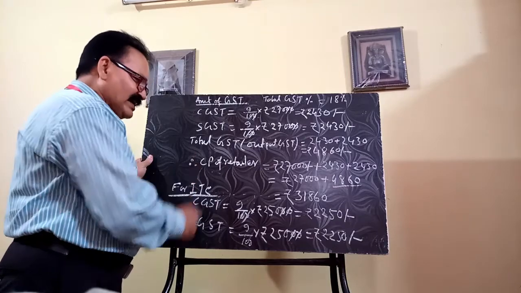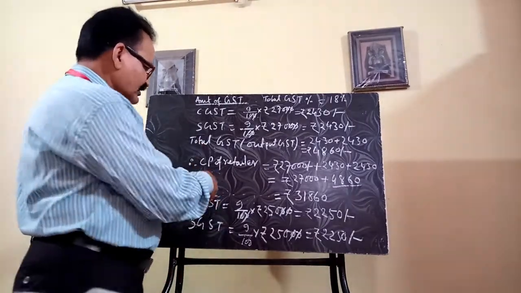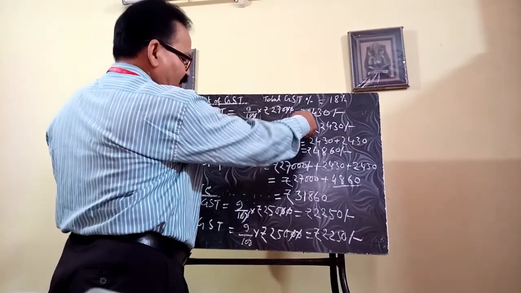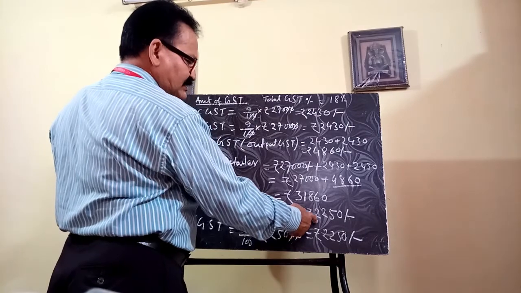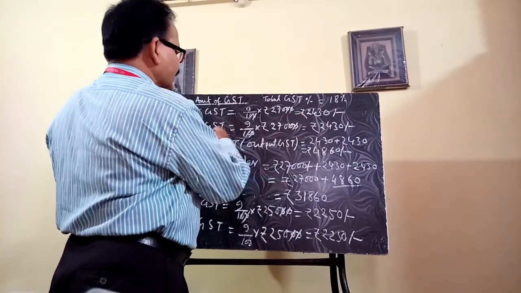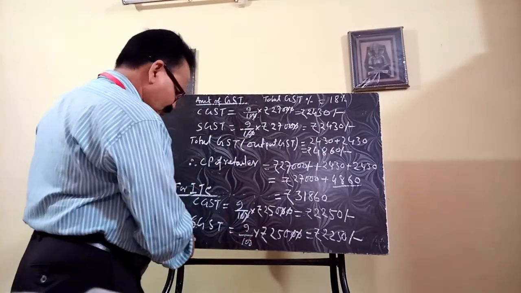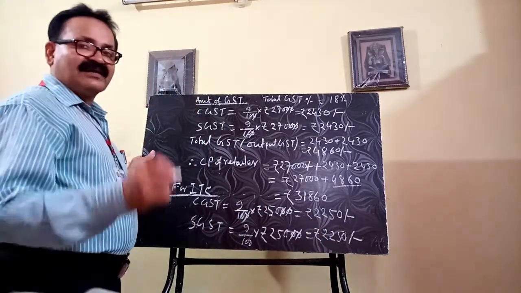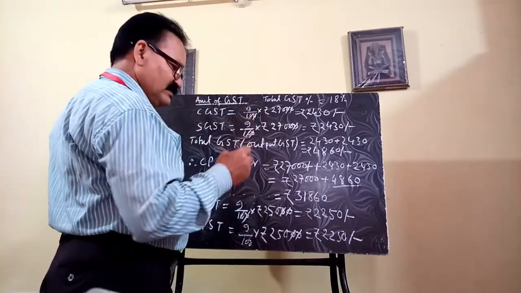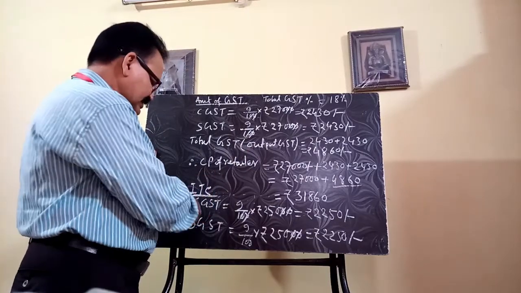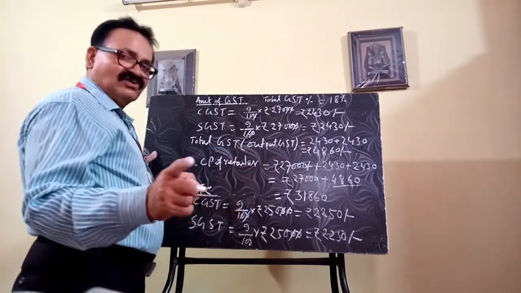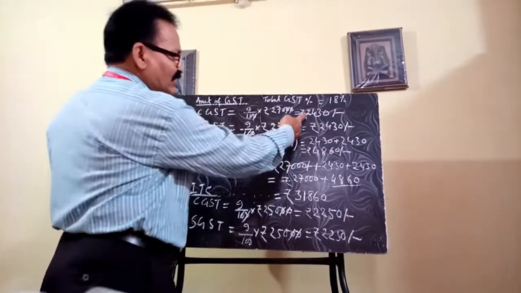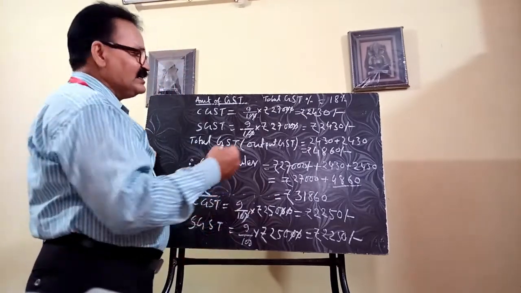Now the difference: the input tax credit for CGST is 2250 and the output tax credit is 2430, and the input tax credit for SGST is also 2250 and the output tax credit for SGST is also 2430. So the difference will be the net CGST and SGST paid by the wholesaler, because he has already charged a greater amount from the customer, that is the retailer, and he has paid less.